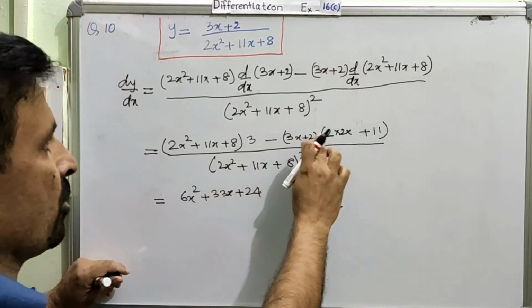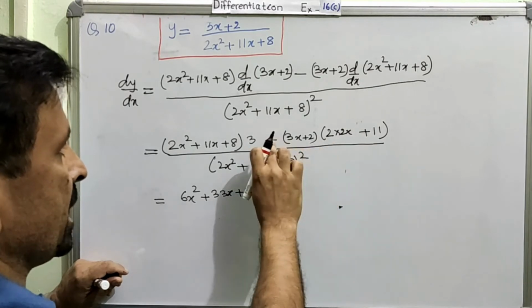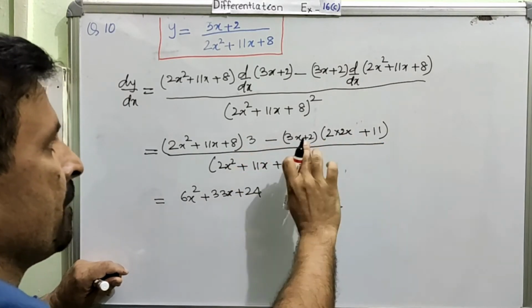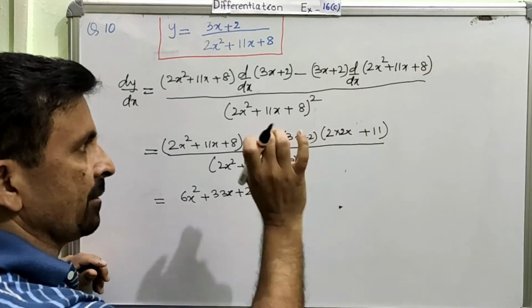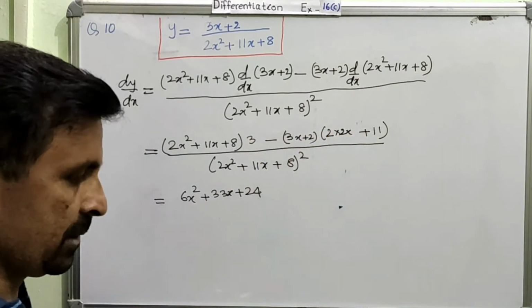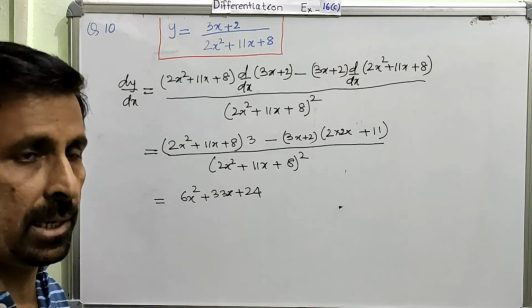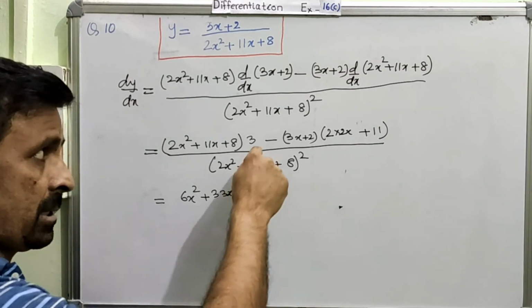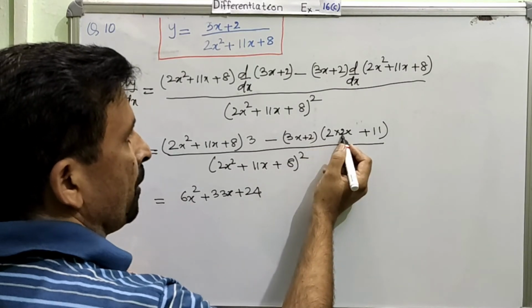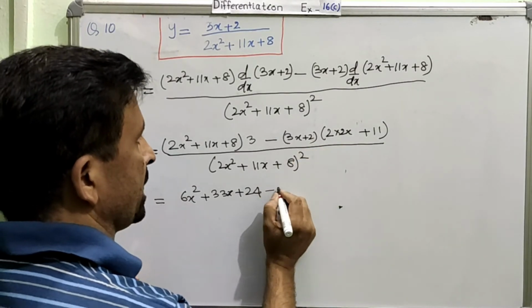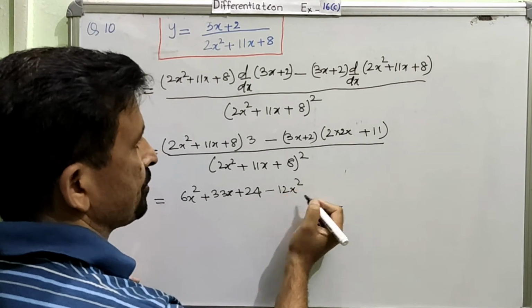Isn't it? Now we are going to operate this one. We are going to multiply this, and then there is a minus sign. So when you multiply, each term sign will change. Here, because everything in this two bracket, you can see everything is positive. That means each term in the product will be positive, but because of this everything will become negative. So this is 3 and this is 4. So 4 3s are 12x minus 12x square.